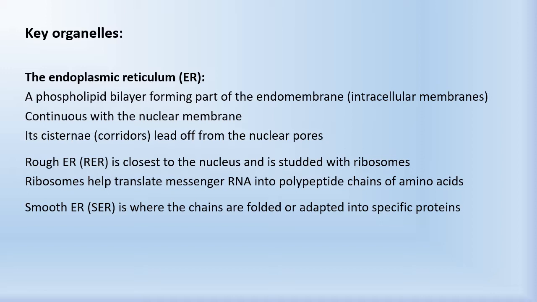Smooth endoplasmic reticulum is where the chains are folded or adapted into specific proteins. So in the smooth ER, SER, the process of forming these polypeptide chains of amino acids into complex proteins begins.